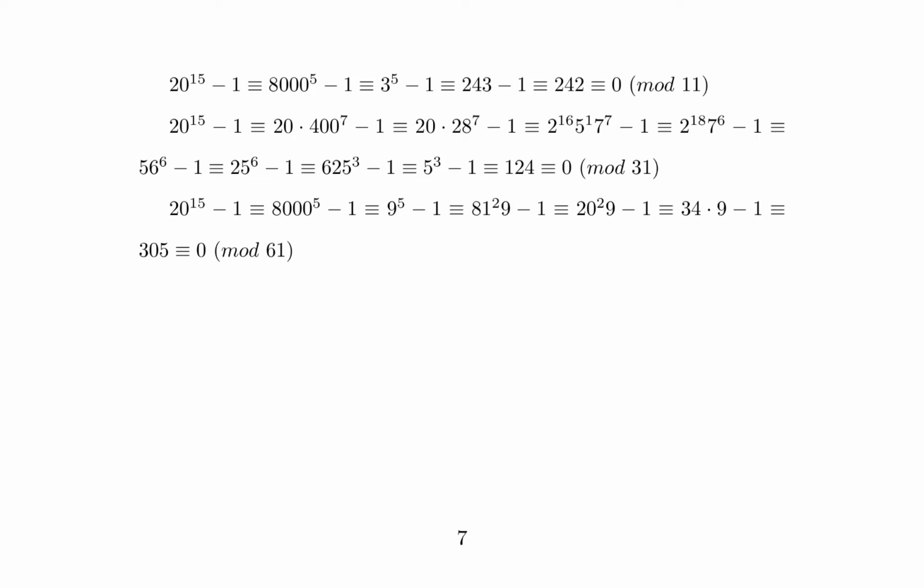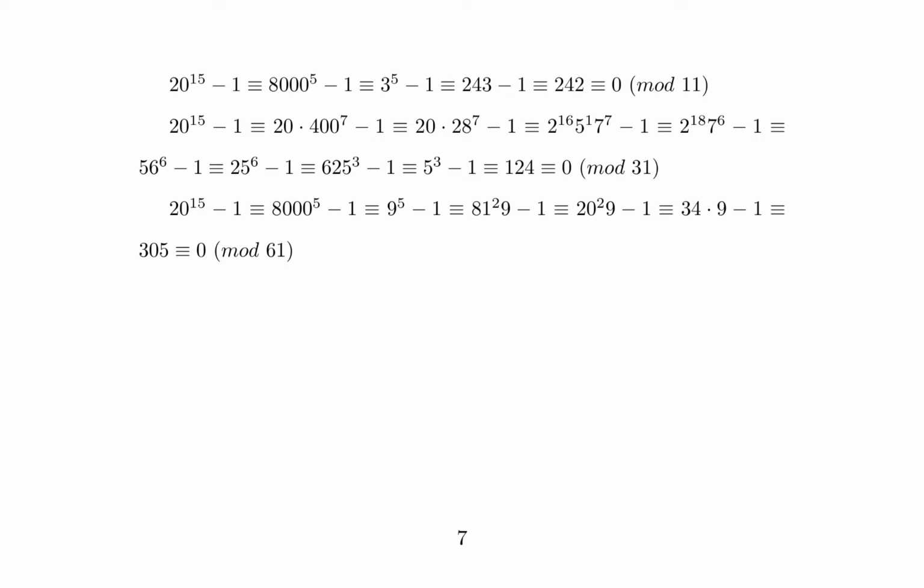That's 56 to the power of 6 minus 1. Mod 31 is 25 to the power of 6 minus 1. That's 625 to the power of 3. Again, getting it to mod 31 is 5 to the power of 3 minus 1. And that would give us 124, which is 31 times 4. That part is complete as well.